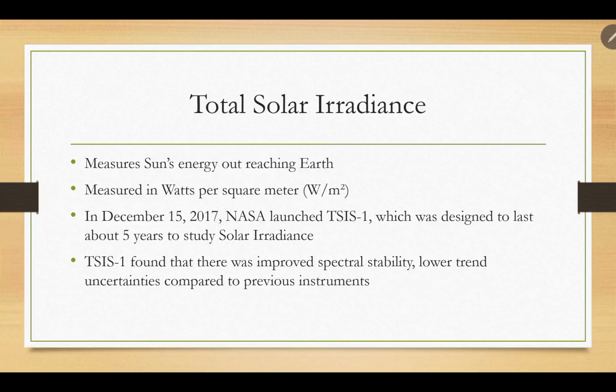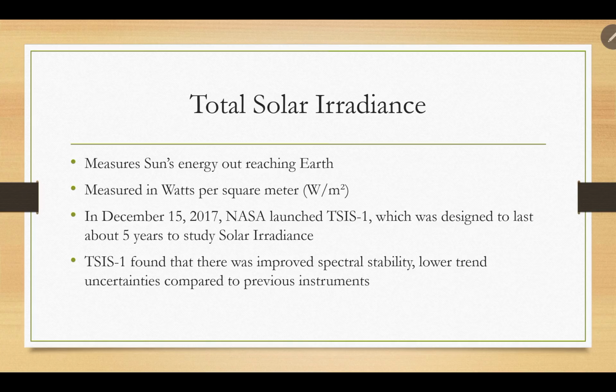And then going back to TSI, total solar irradiance, it measures the sun's energy reaching Earth. It's measured in watts per square meter, so that would be W over M squared. And more recently, on December 15th, 2017, NASA launched TSIS-1, which was designed to last about 5 years to study.